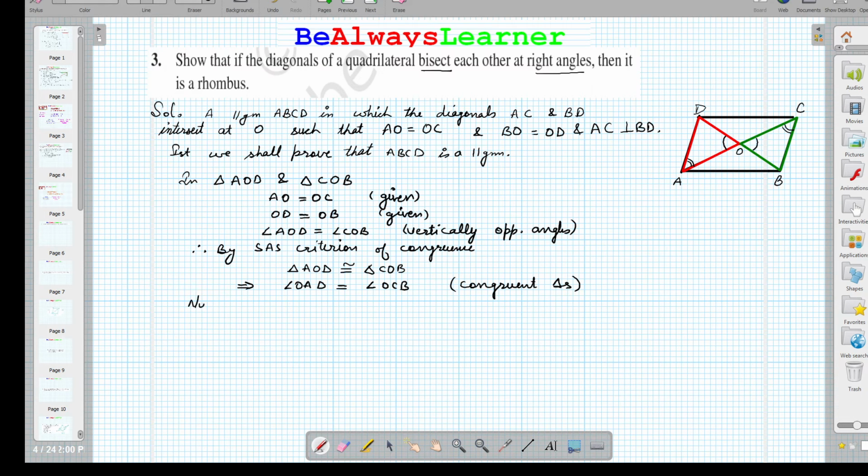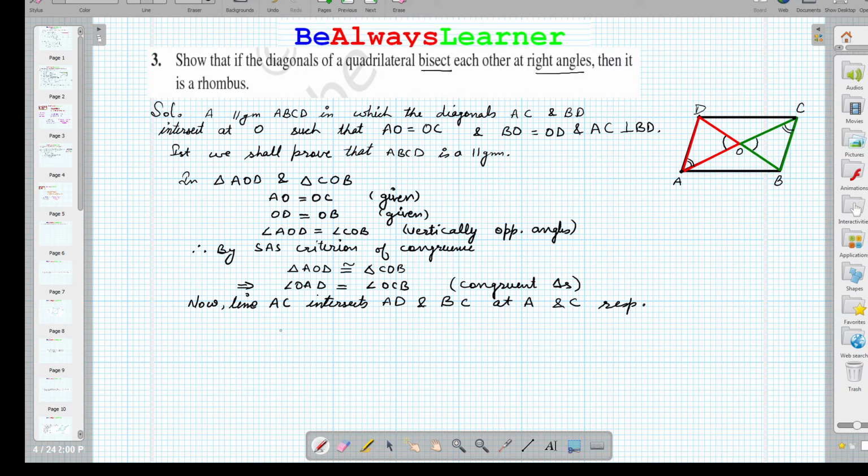Now, the line AC intersects AD and BC at A and at C respectively.